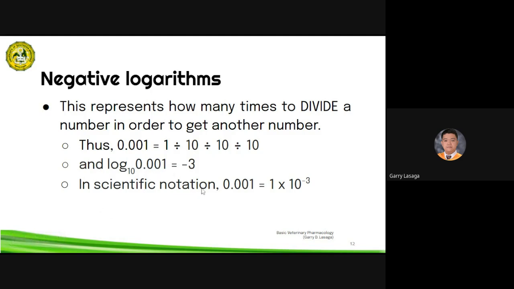In scientific notation, this can also be interpreted as 10 raised to negative 3. So negative 3 means that we divided the number and our number is less than 1.